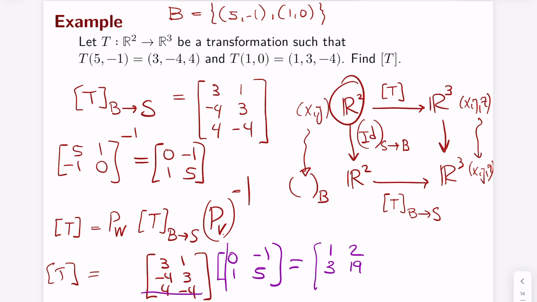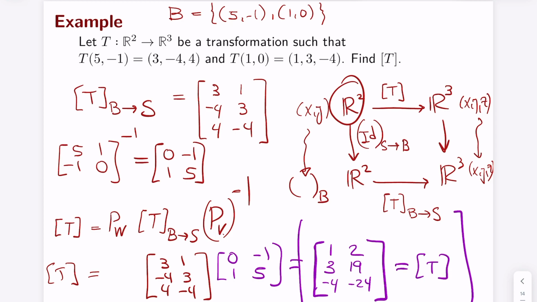And then this times this will be 0 minus 4 is minus 4, and this times this is minus 4 minus 20, minus 24. Okay, so this then will be the matrix associated to T in the standard basis.